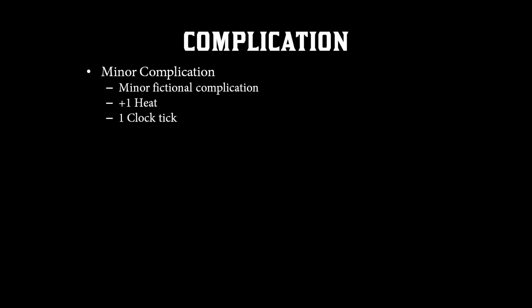But we begin with a minor complication, and this can be a minor fictional complication, such as the player character stumbles, or the player character is winded, or something like that. Nothing too severe. It could also be +1 heat, and we will talk about heat in a subsequent video, or 1 clock tick on a danger clock, and we're going to talk about clocks again in a subsequent video.